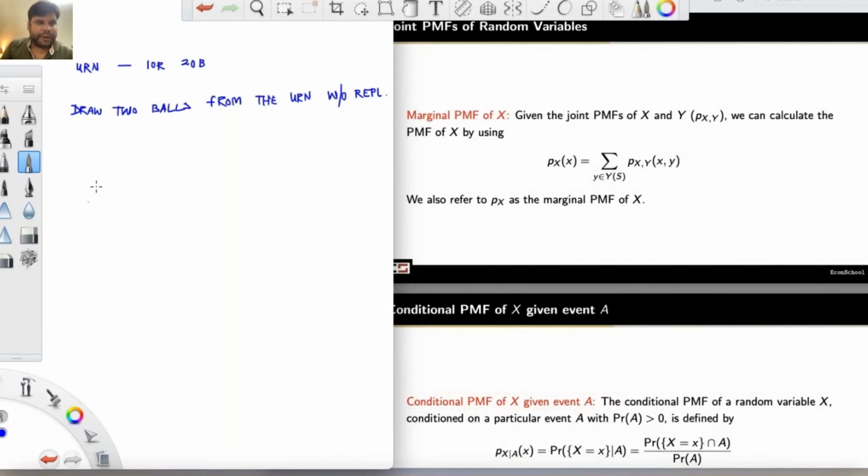Now let me define X as the number of red balls that you draw in this process, and let Y be the number of black balls. Can you tell me what is the joint distribution of X and Y?